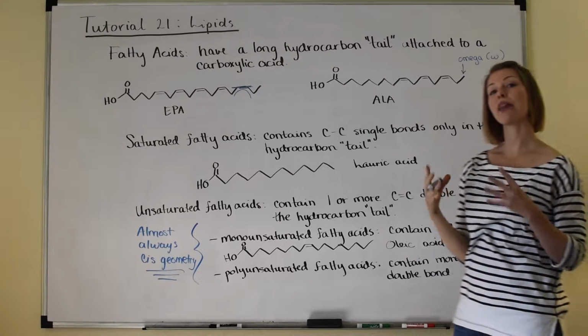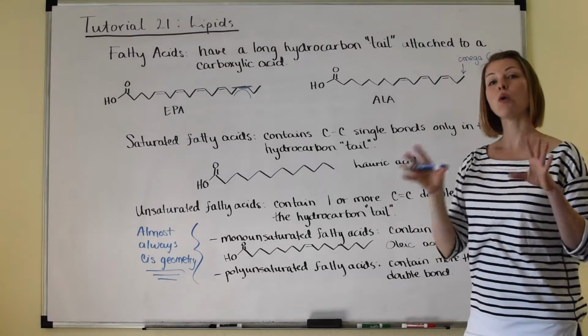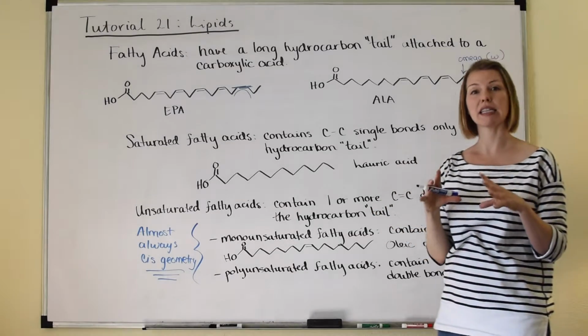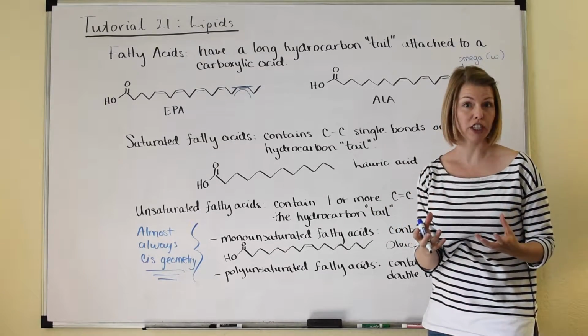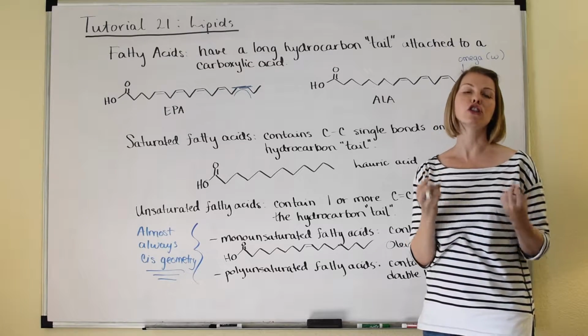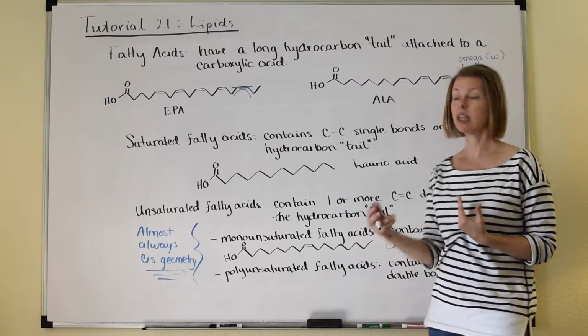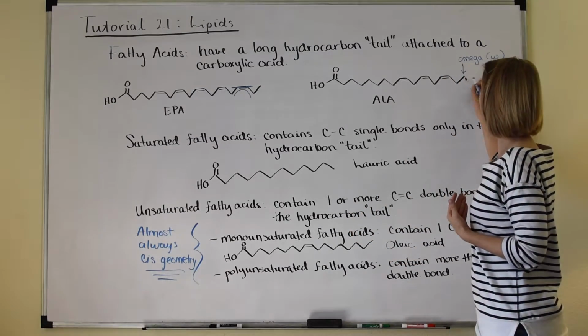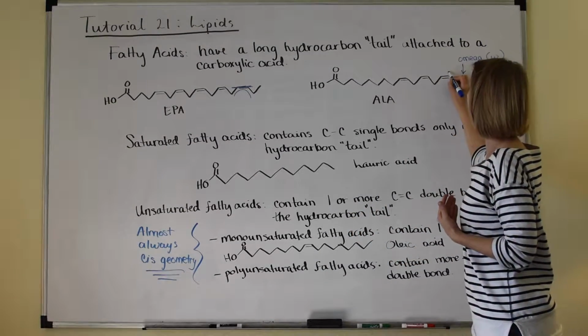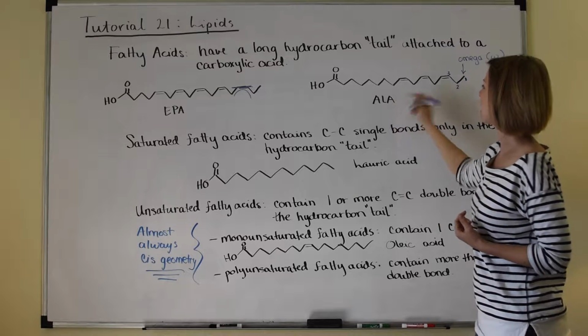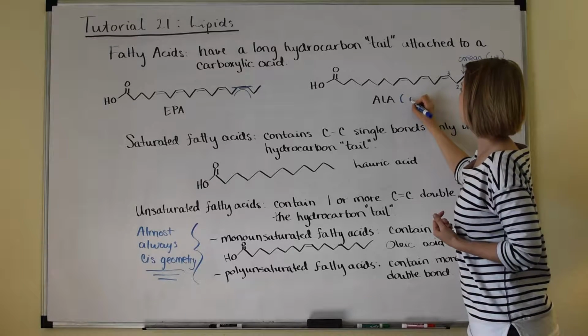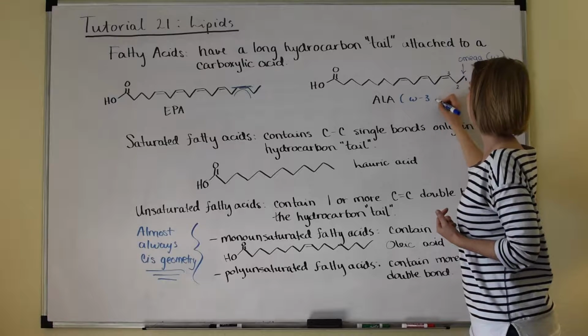And so in an omega-3 fatty acid, we're referring to a fatty acid that has the unsaturation, or the double bonds, starting 3 carbons from the omega position. So 1, 2, 3. ALA is a good example of an omega-3 fatty acid.